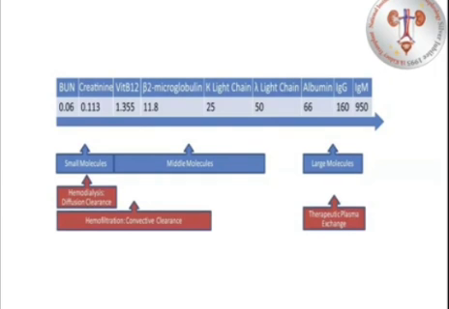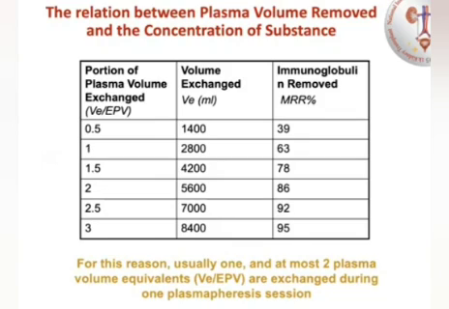The relationship between plasma volume removed and the concentration of substance is a very important thing. Again, as we said, apart from the acute liver failure, however much you increase the plasma volume removed, you will achieve almost most of the clearance between 1 and maximum 2 plasma volumes.